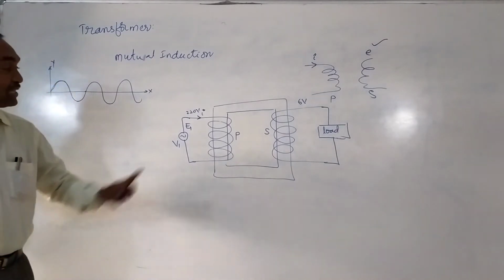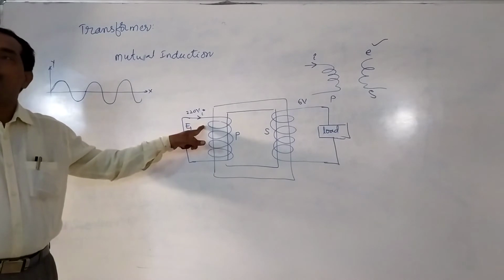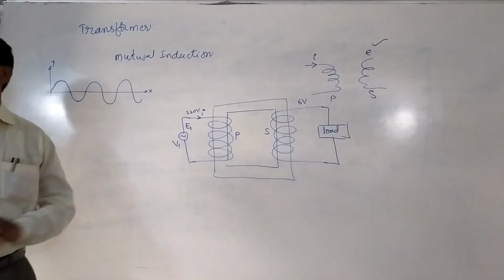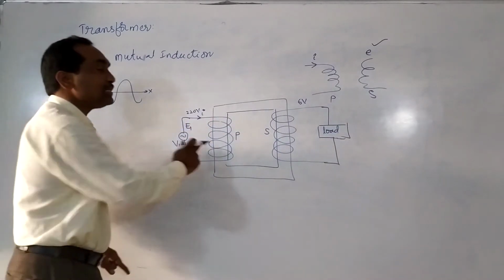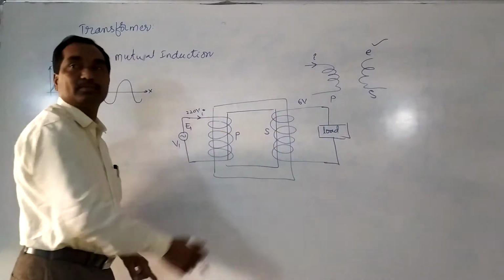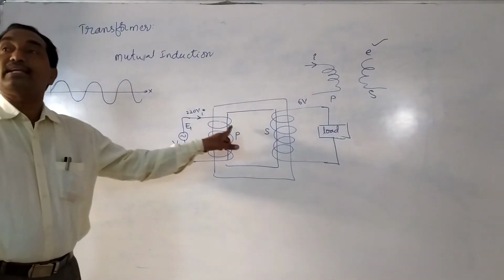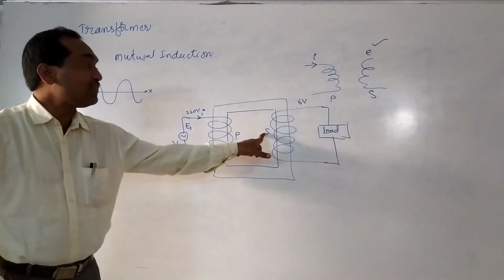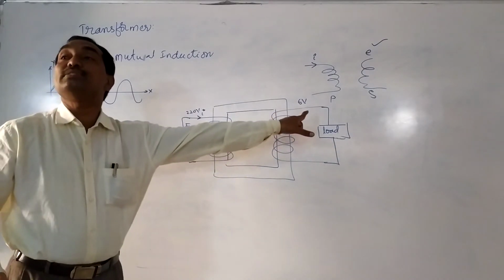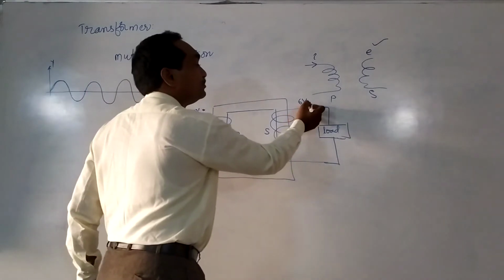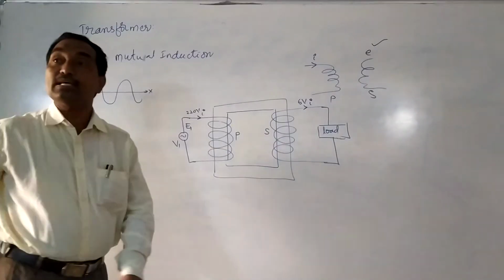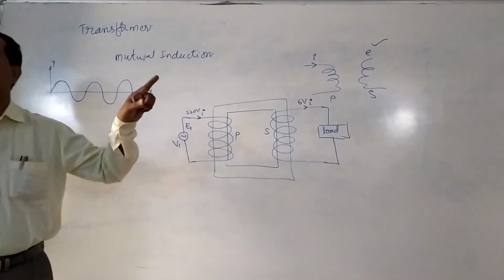When this current changes, magnetic flux also changes. This same magnetic flux is linked with the secondary coil. When magnetic flux changes, current is induced in this secondary coil. This is called mutual induction, I told you.